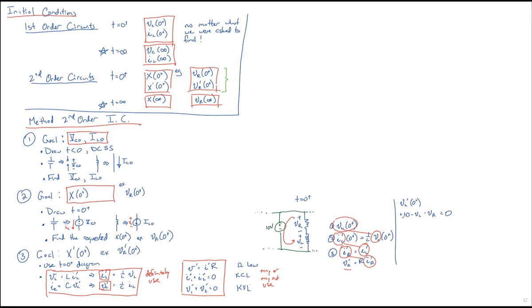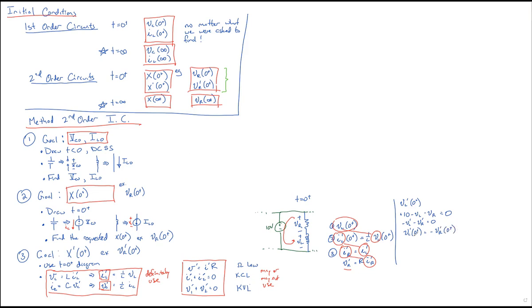And if that's true, the derivative has to be true too. So if we take its derivative, the derivative of a constant is 0. The derivative of minus VL is minus VL prime. And the derivative of minus VR is minus VR prime. So therefore, that V sub L prime that we're trying to find is equal to just minus VR prime.